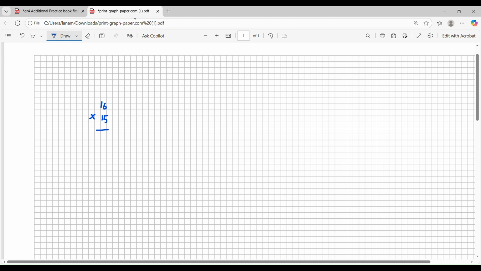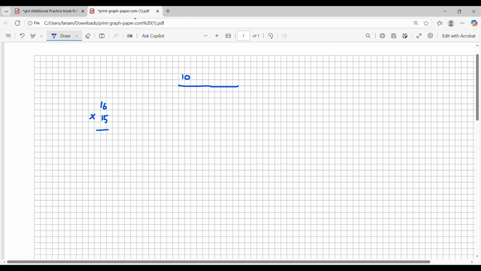For example, I have the number 16, which is 10 plus 6. So I'm going to count 10 squares: 1, 2, 3, 4, 5, 6, 7, 8, 9, 10. Here I have 10 squares.